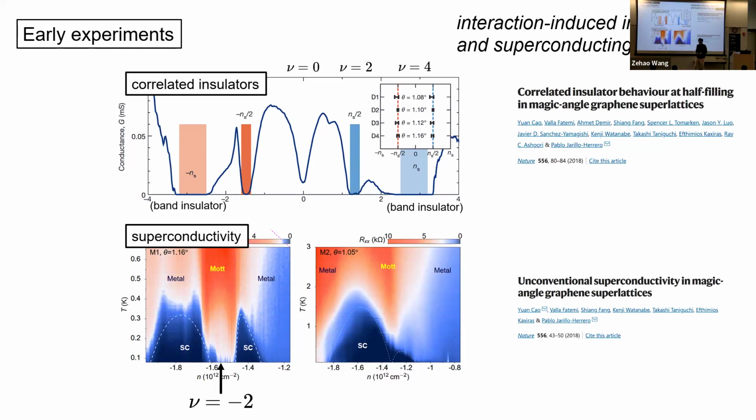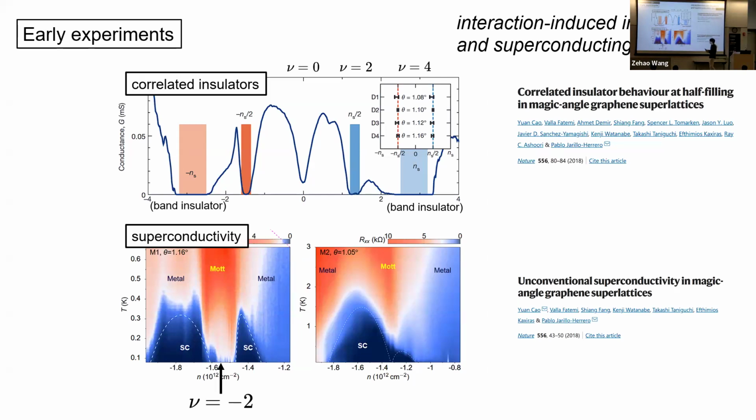This makes sense: we're not hBN aligned, so we have C2, and hence we have Dirac points at neutrality. But the strange thing is that they observe insulating behaviors at nu of plus or minus 2. This is a bit strange because, given the spin and valley degeneracy, we wouldn't expect an insulator at this filling. So clearly this is a correlation-driven insulator.